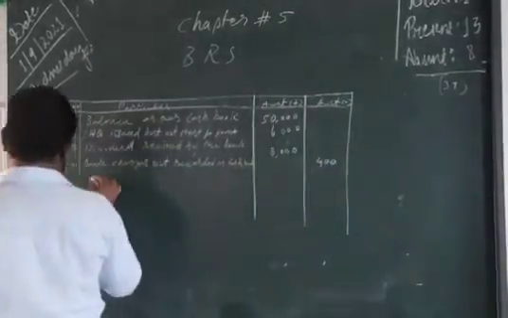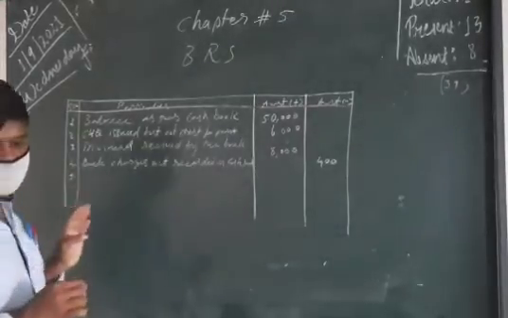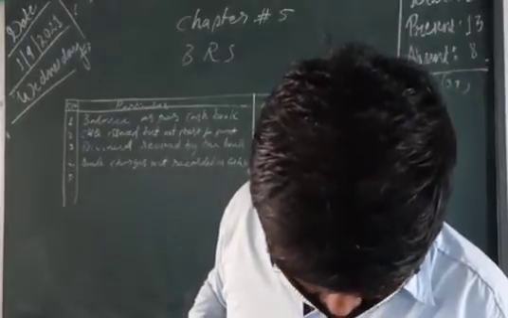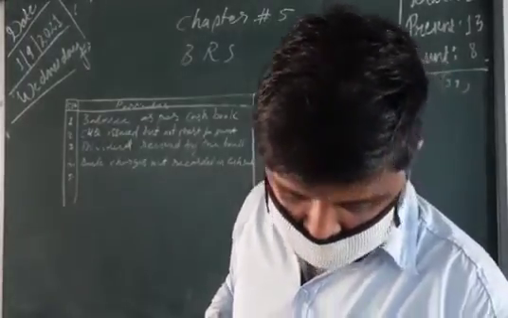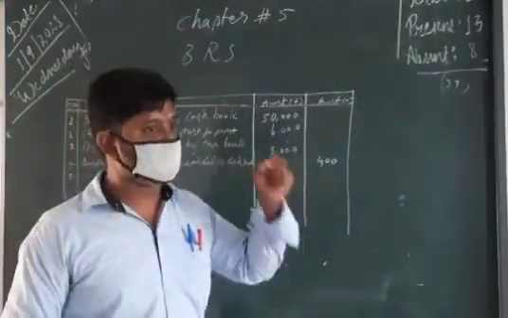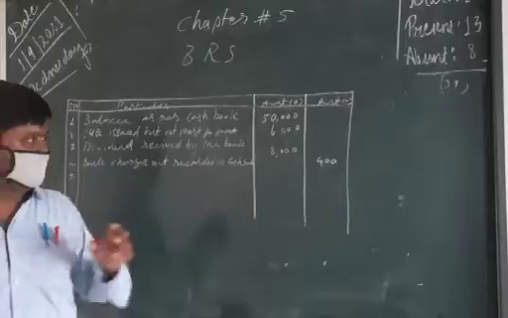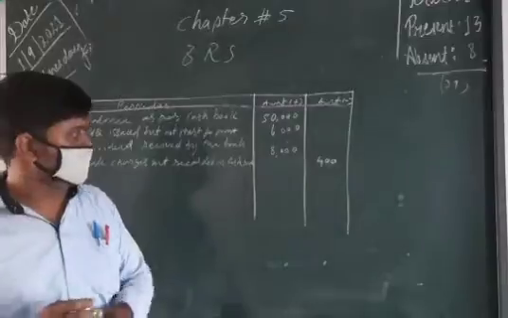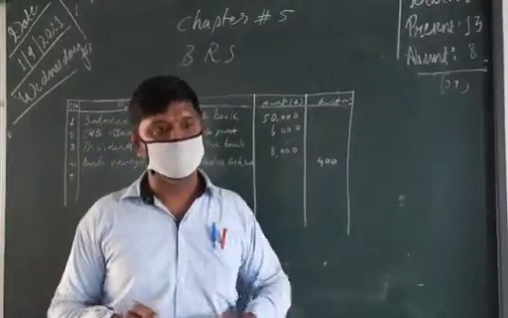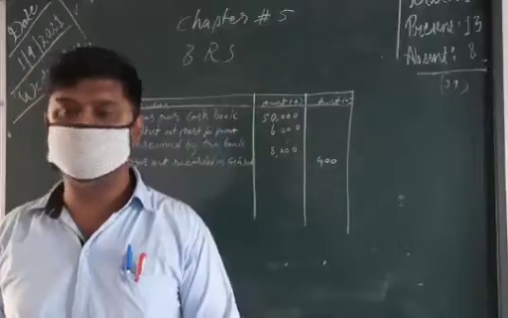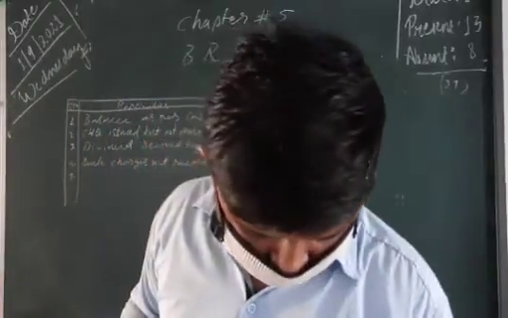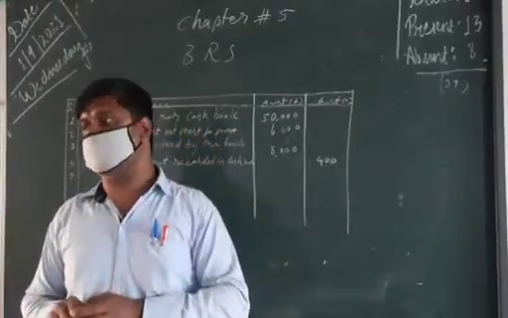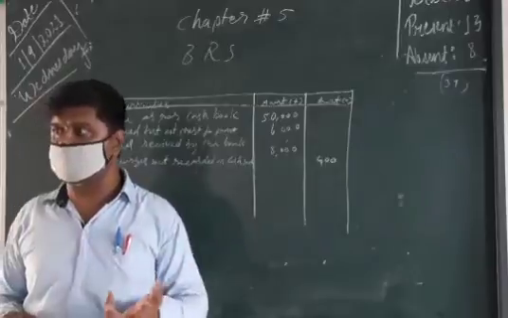So next is the fifth. What is that? A check of rupees 6,000 was deposited but not collected by the bank. We need to match the bank balance and the cash book balance. So this one is saying that we deposited one check or a few checks. Its total value is 6,000. When we deposit it in the bank, in our cash book we write what?